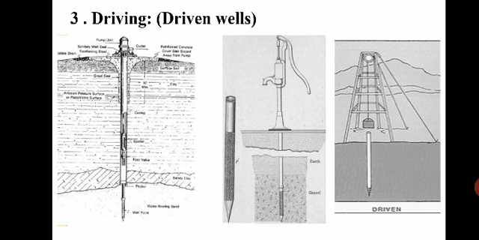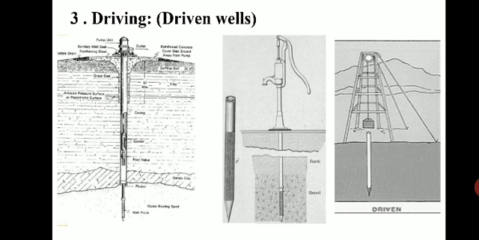As shown in the image, you can see there is a cone penetrating down. These driven wells can be installed only in unconsolidated formations relatively free of cobbles or boulders, which are bigger size sediments.